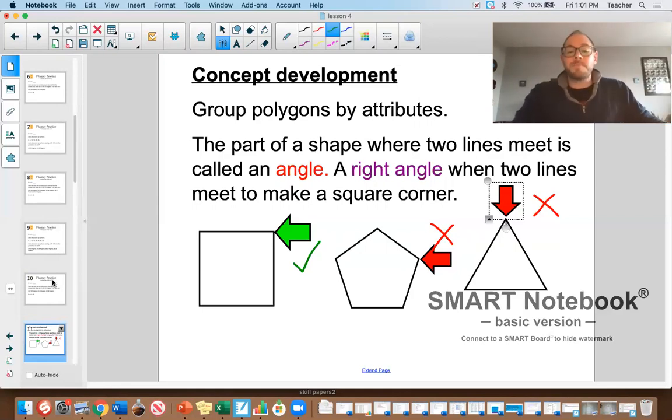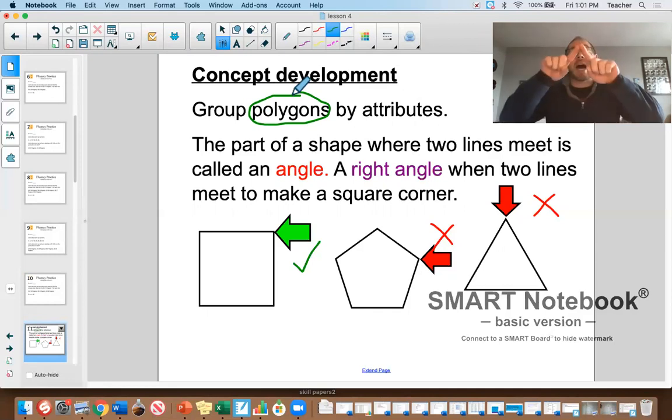All right, so we are grouping our polygons by attributes. And a polygon is a closed shape. It means it doesn't have any open sides on it. All of its sides connect to all the other sides.